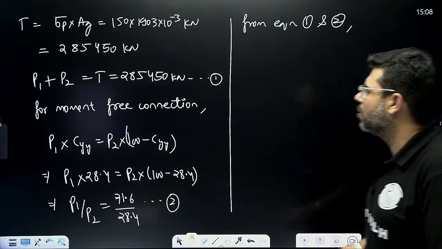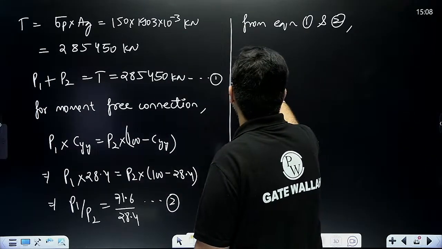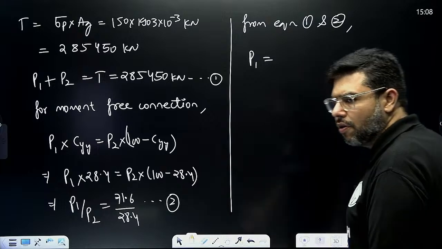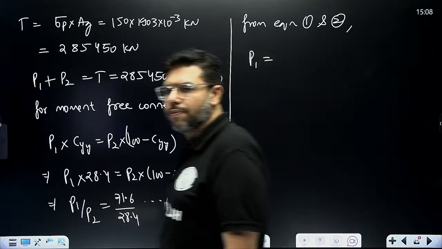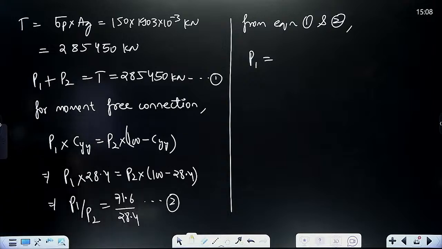So P1, how much are you getting? What is the value of P1 you got here? Once we get P1, I can easily calculate the value of P2. Has anybody calculated P1, P2?